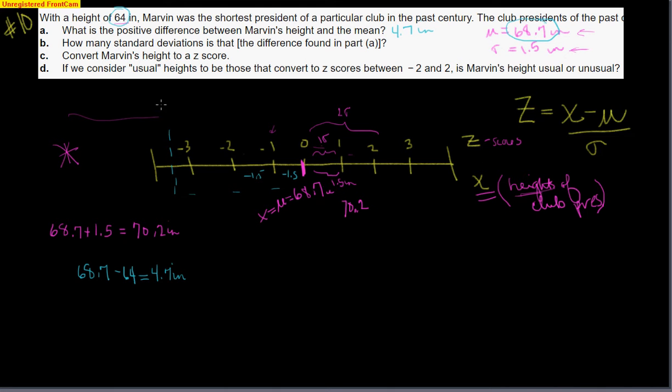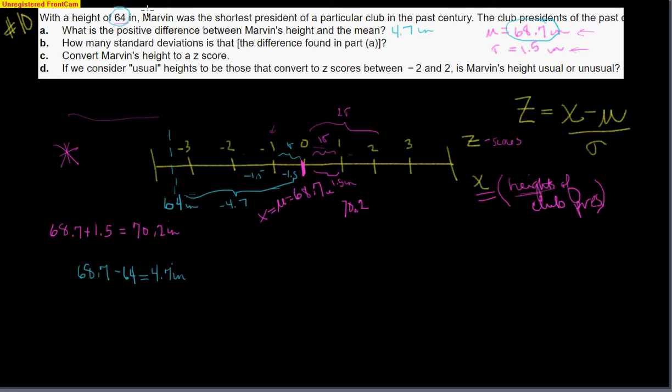These are each also 1 standard deviation change below, and you just keep going out, and so this whole distance here will be 4.7 below. So we can also write that as negative. So here is Marvin at 64 inches tall. We can see that he's clearly below the mean. The question is, how much?